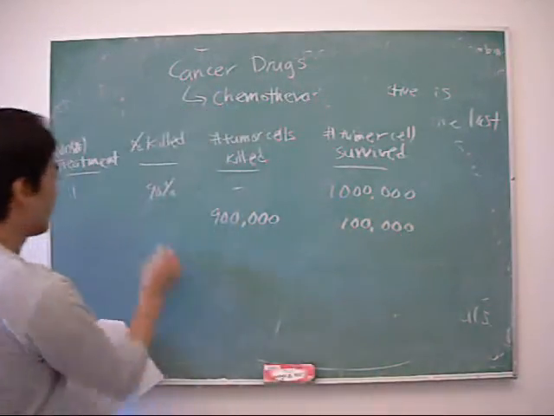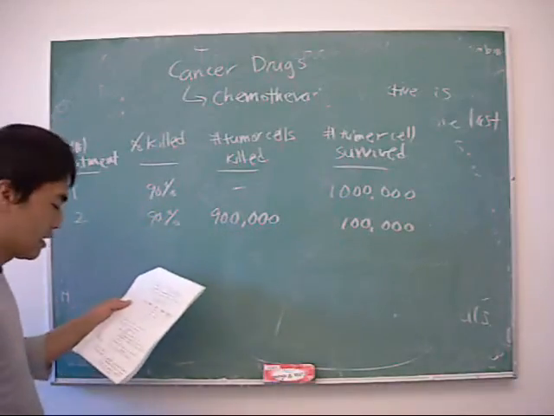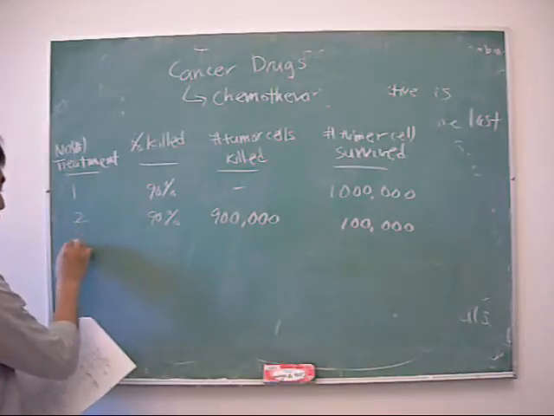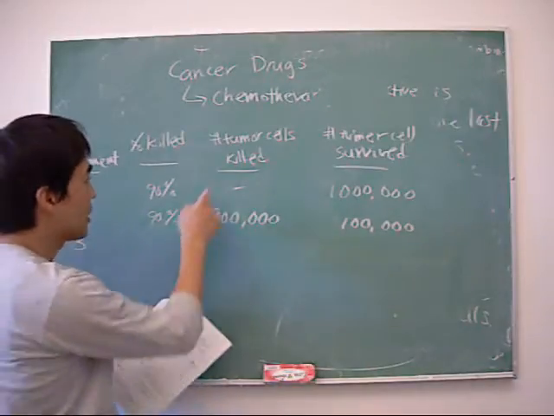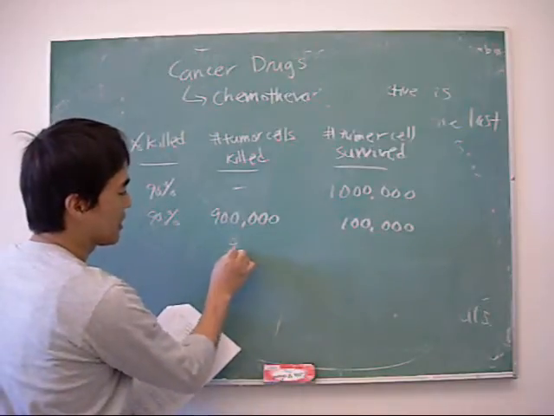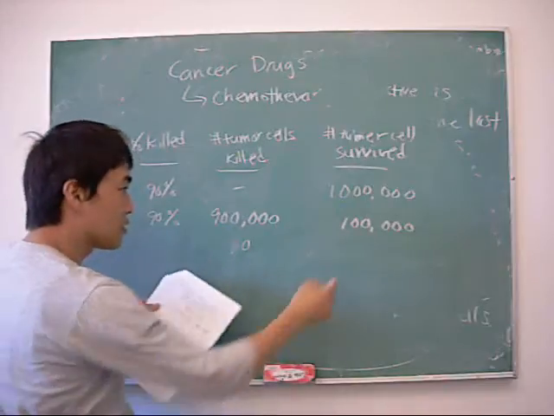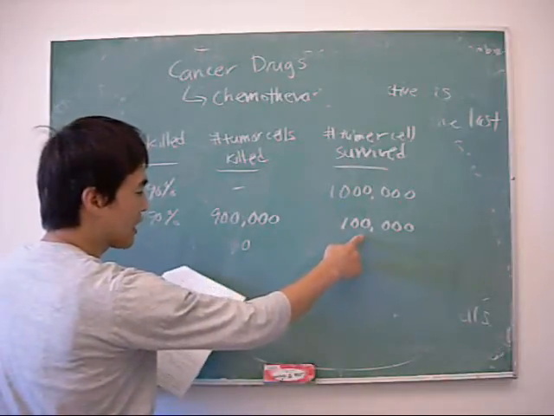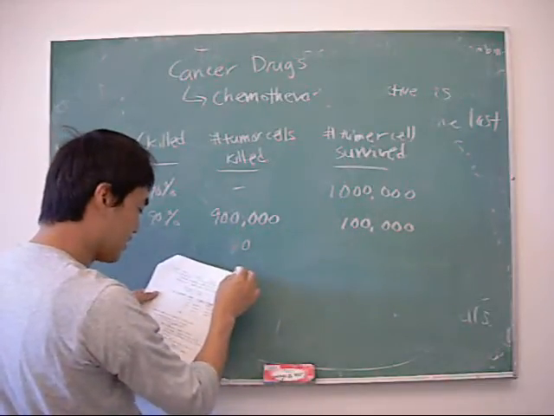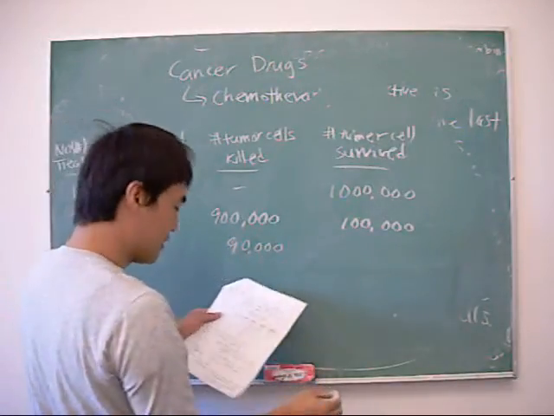Then in the next round, again 90% killed, so you have 90,000 killed and 10,000 left.